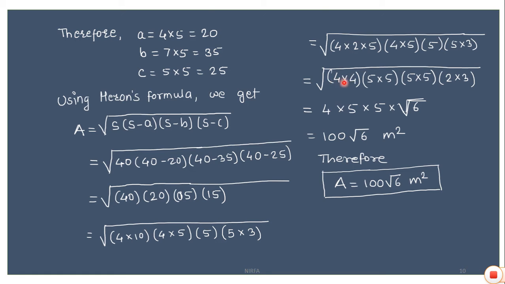Now 4 into 4, its root is a single 4, 5 into 5, its root is 5, again 5 into 5, its root is 5, and the product of 2 into 3 is 6, and therefore we keep this root 6 as it is, and after the calculation I'll get 100 root 6 square meter, and this is our required area. Therefore the answer of this example is area equal to 100 into root 6 square meter.